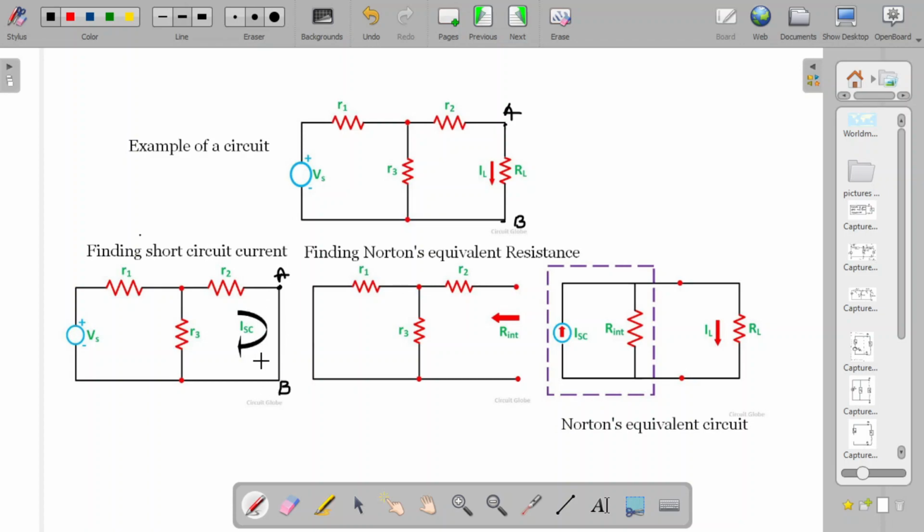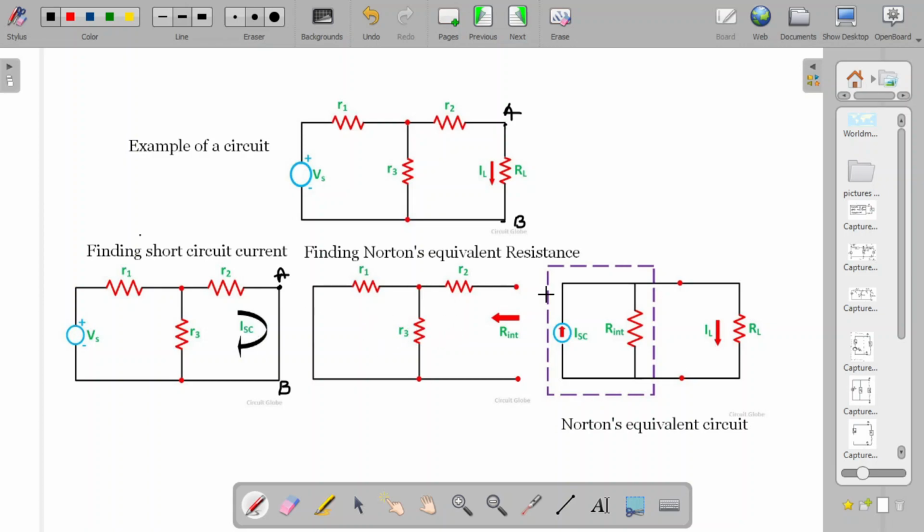This current flowing through AB is IS, the short circuit current, and it is this current which you keep in the equivalent circuit as the current generator.